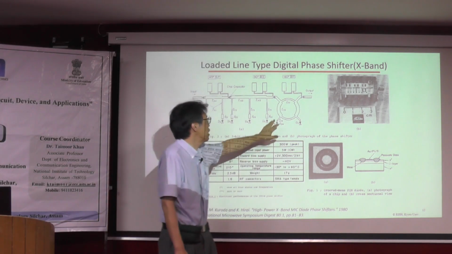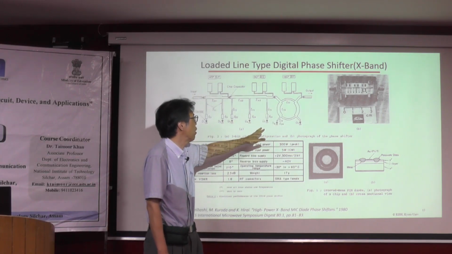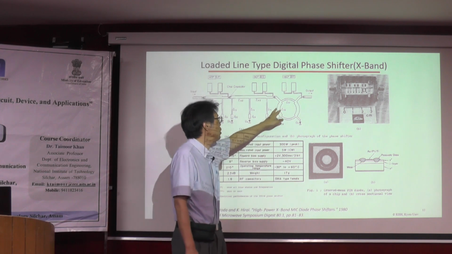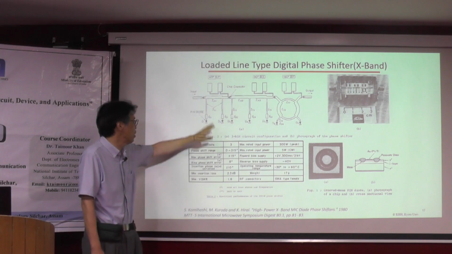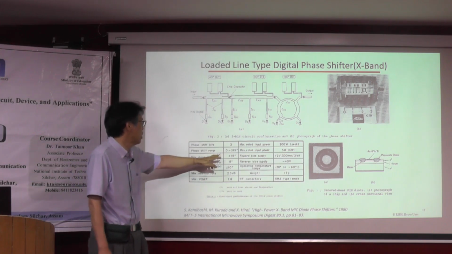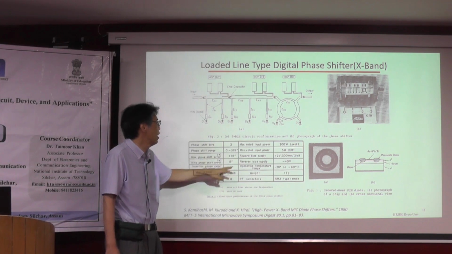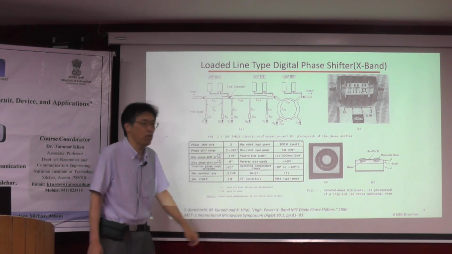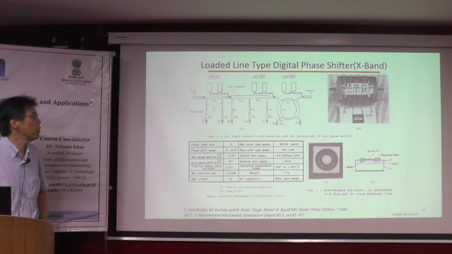And this is the other type, a changing line phase shifter with the help of a lattice circuit, etc. And in this paper, they can control the phase from 0 to 315 degrees and so on. So this is a typical phase shifter.